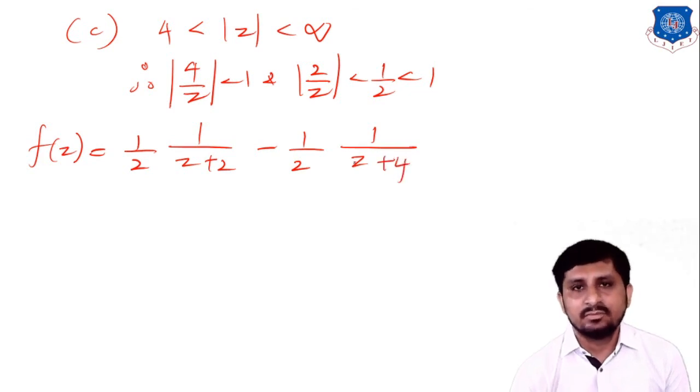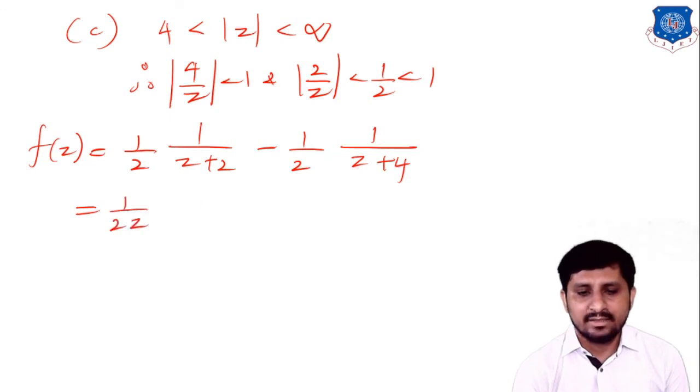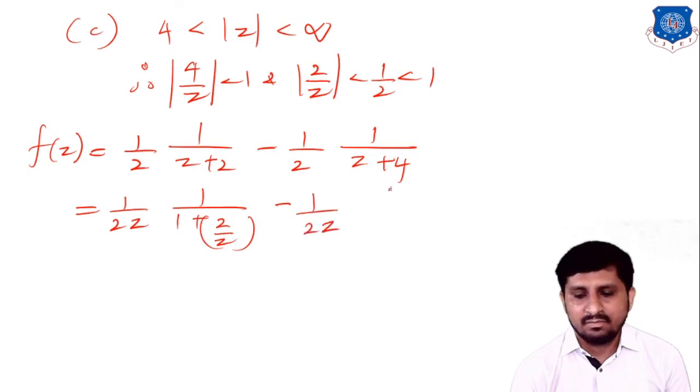Now from both the terms you can take z common. So 1 by 2z, here we have 1 upon 1 plus 2 by z, okay, and minus 1 by 2z, 1 upon 1 plus 4 by z, right?